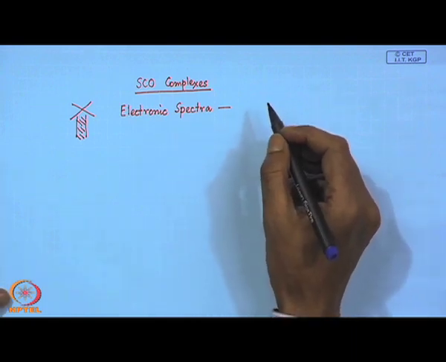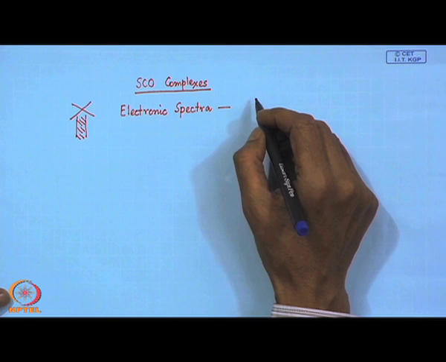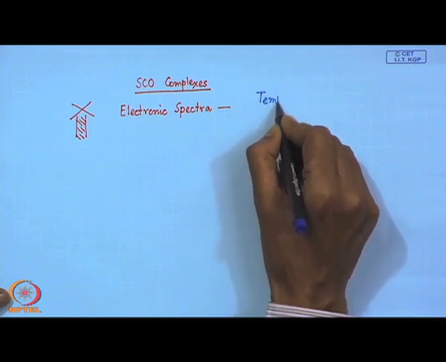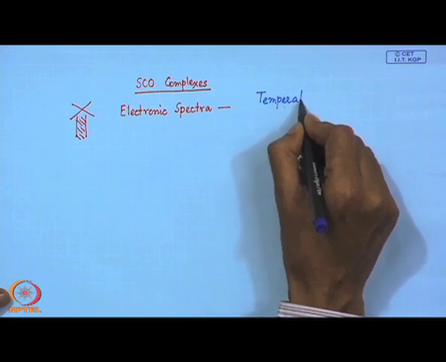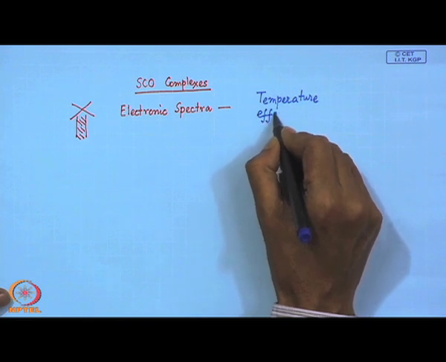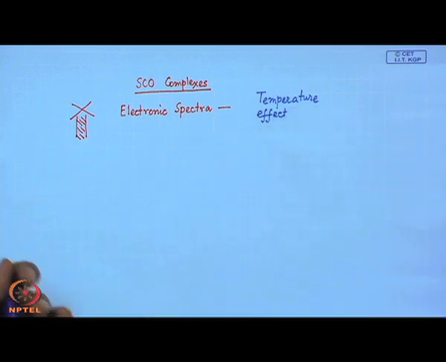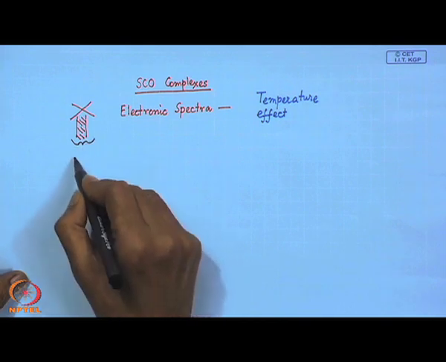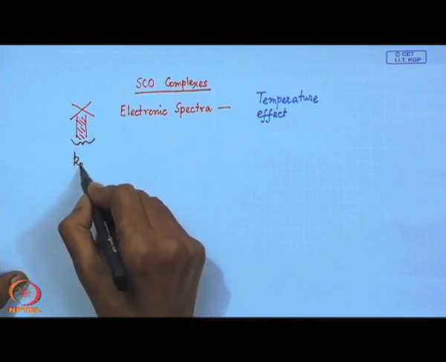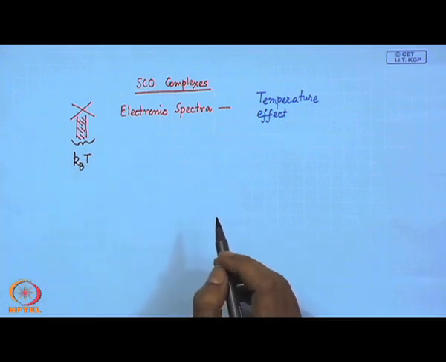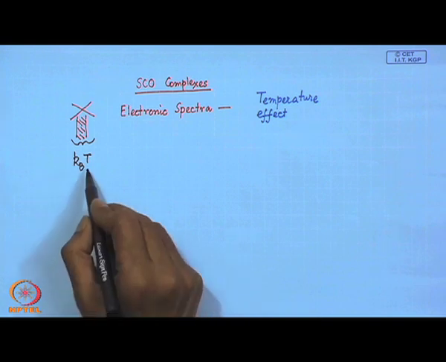In all these cases, whatever we are seeing, we are observing the corresponding temperature effect on these molecules, because this particular crossover region is lying within the kT region, that means the Boltzmann constant multiplied by the available temperature.